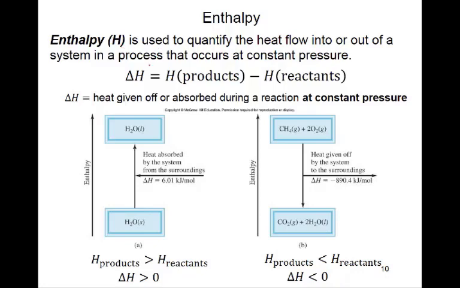You cannot calculate the absolute heat of any system, but you can calculate the change in heat. That's why we say delta H, the change in enthalpy, which equals the enthalpy of the product minus the enthalpy of the reactant. The difference of enthalpy will tell the delta H.